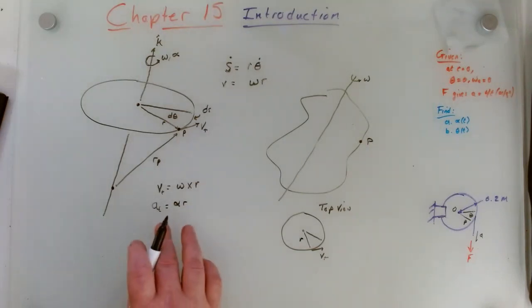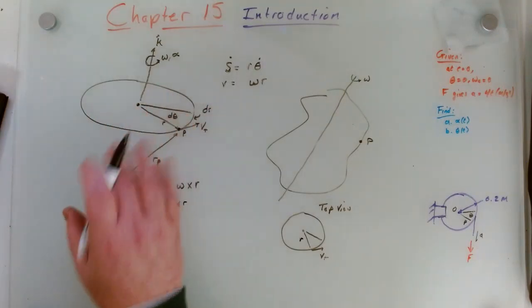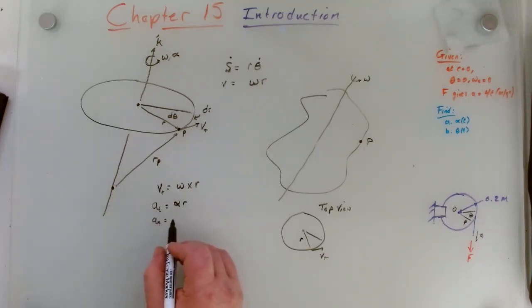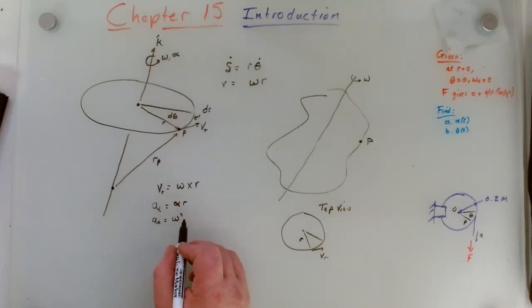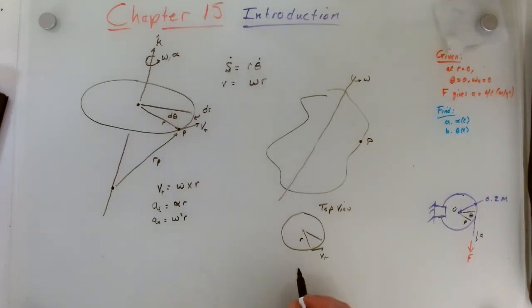So this is in the 2D plane. In the general sense, we'll get to that in a second, but in 2D, an is equal to omega squared r. Let me move these over to here. So we'll say AT is equal to alpha r, and AN is equal to omega squared r.